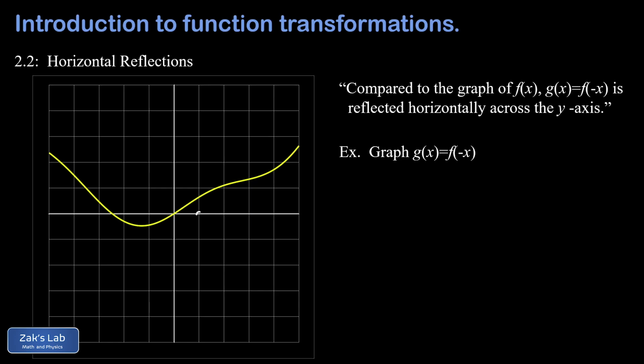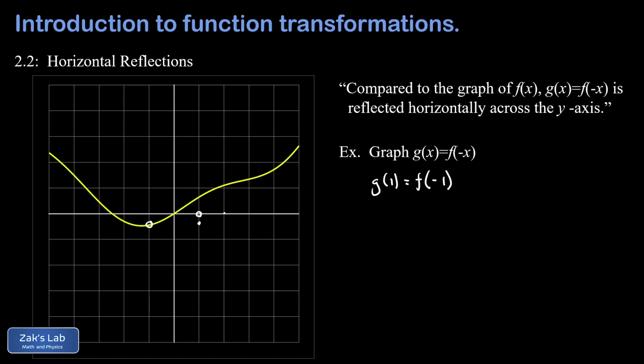I'll go ahead and look at x equals 1. And g of 1 is going to be the same thing as f of negative 1. So I have to look for the y value over here on the opposite side of the y-axis. And here's my f of negative 1. That y value, something like negative 0.4, ends up on the graph of g.